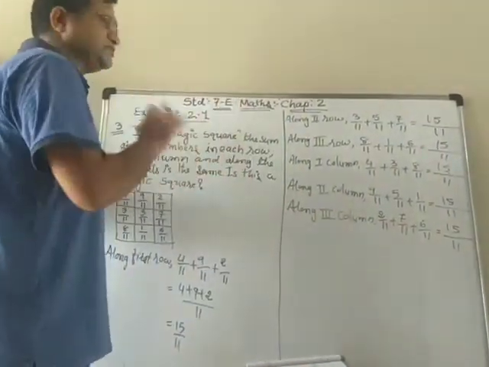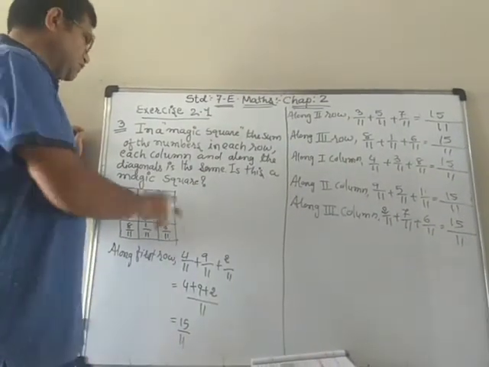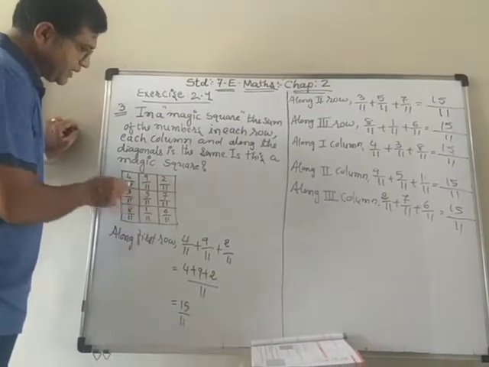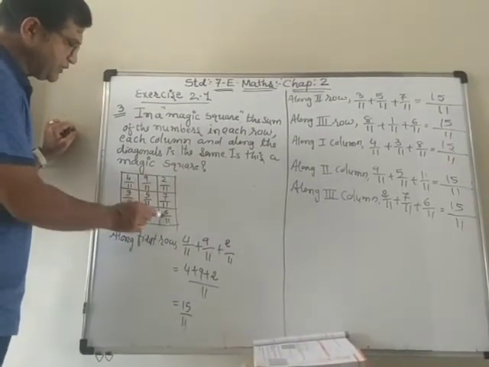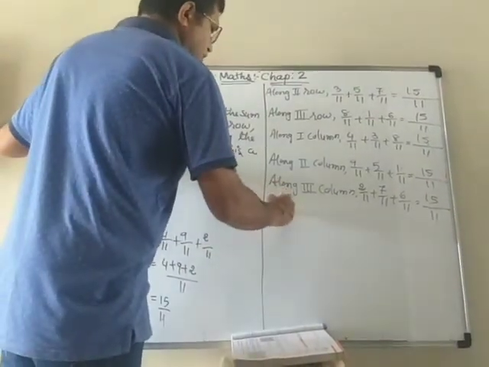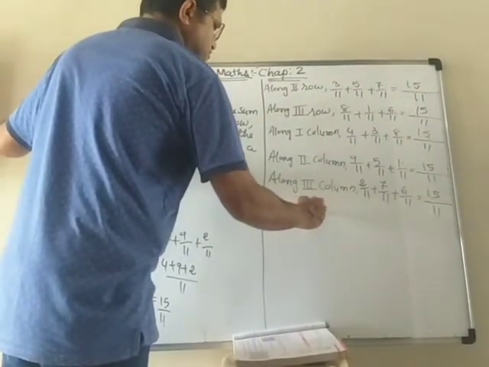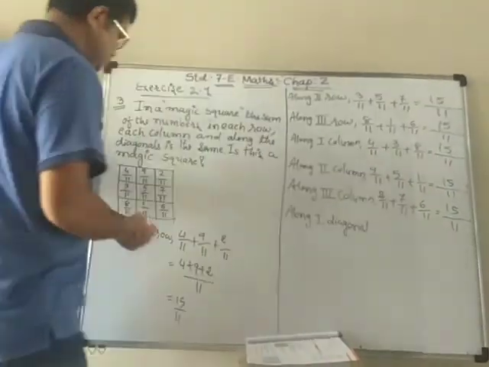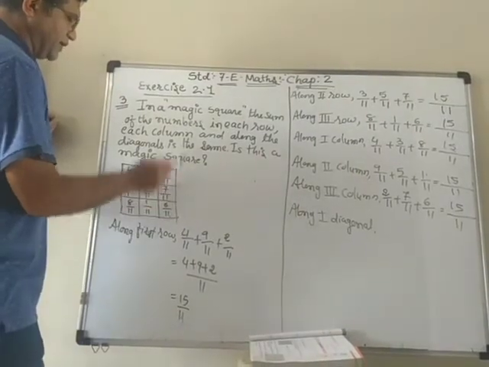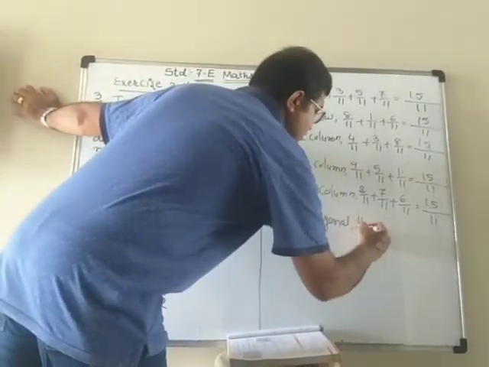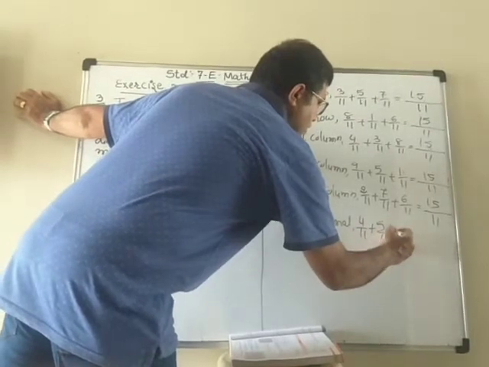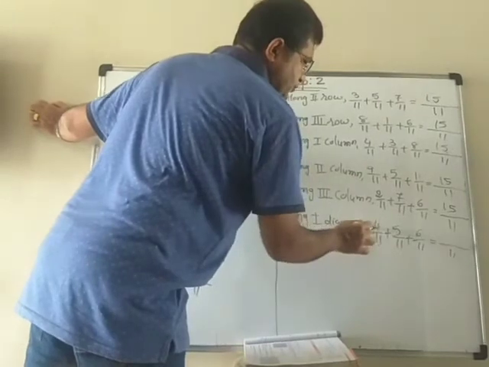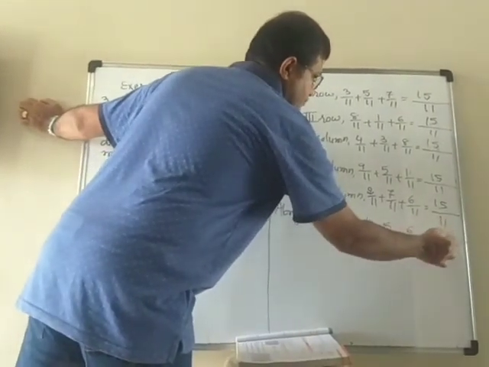So all your rows and columns are finished. Now you have to check the 2 diagonals. Diagonals means this one and this one. So first we will take the first diagonal. Along the first diagonal, 4 upon 11, 5 upon 11 and 6 upon 11. 6 plus 4, 10, 10 plus 5, 15.